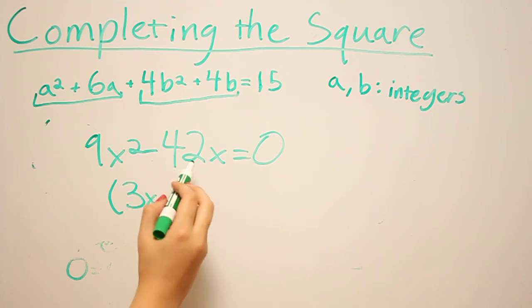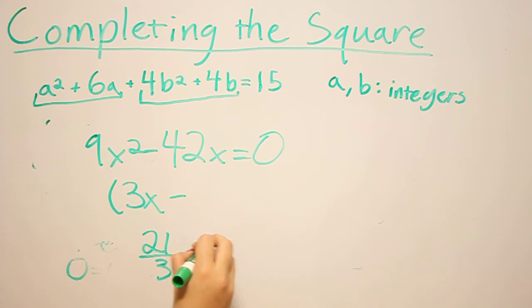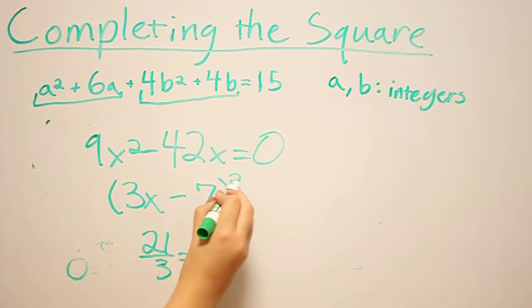And 42, well, first take half of that since you always have 2 times the middle term, so 21. And then you want to divide that by 3 because there's going to be a 3x times something. And you get 7. So this other term should be 7 squared.